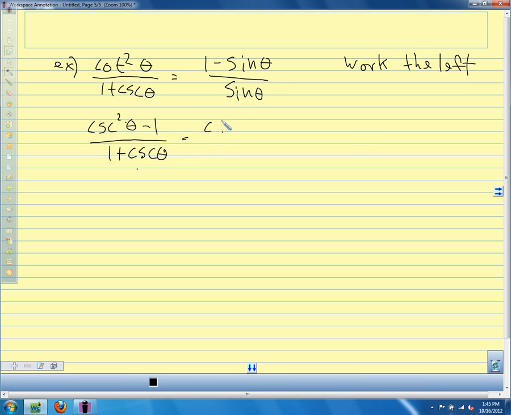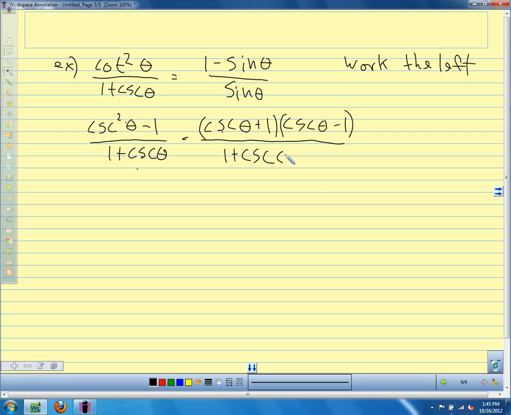Cosecant theta plus 1 times cosecant theta minus 1. So I'm factoring the numerator. I'm just going to put a note here that I factored the numerator.